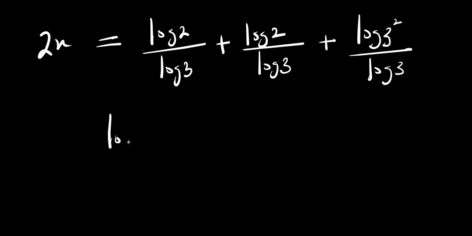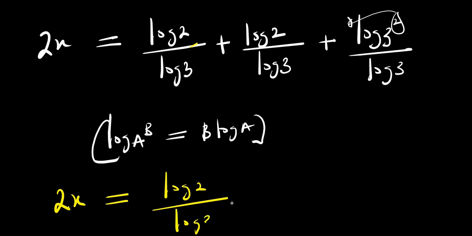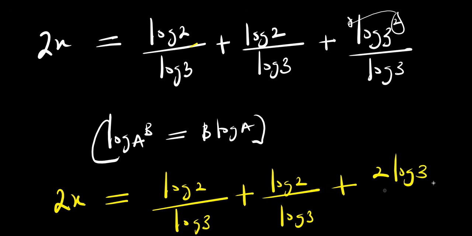So if you have log a power b equals b times log a, we have 2x equals log 2 divided by log 3 plus log 2 divided by log 3 plus 2 log 3 divided by log 3.